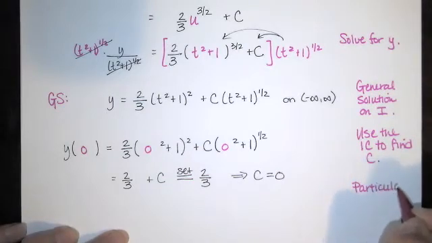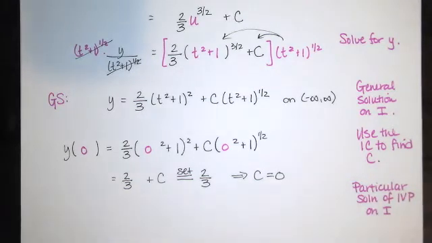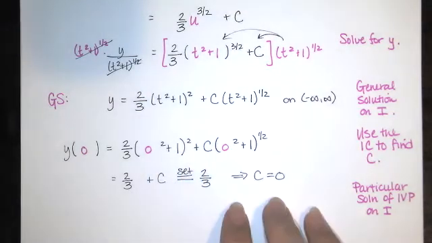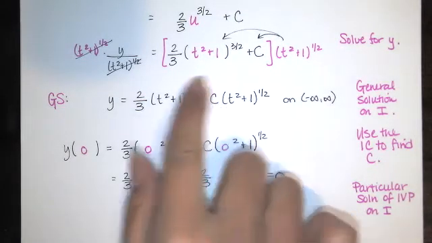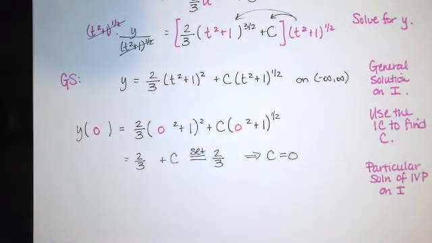We want the particular solution of the IVP on an interval I. The way you find that particular solution is first you find the value of C and then you plug it into this solution up here. So that was our general solution.